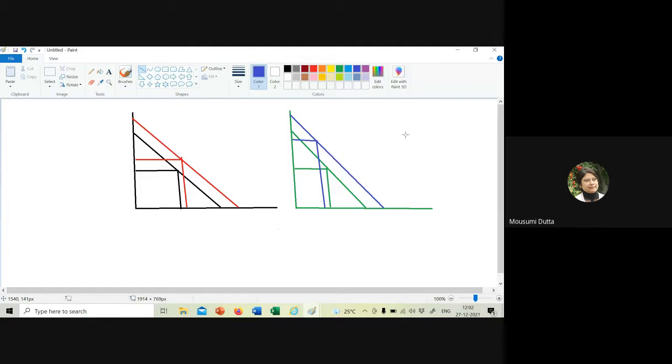I have a higher amount of money in my hand and I'll buy less of the one which is inferior in nature. Then we analyze how substitution effect and income effect justify this amount of consumption.